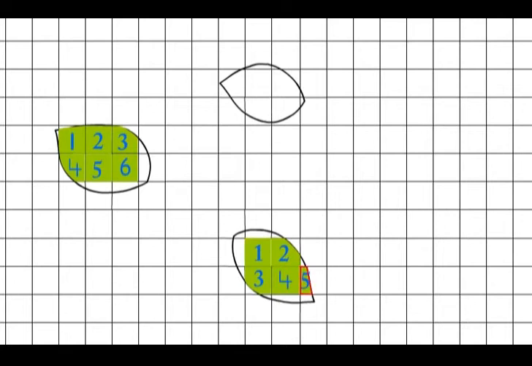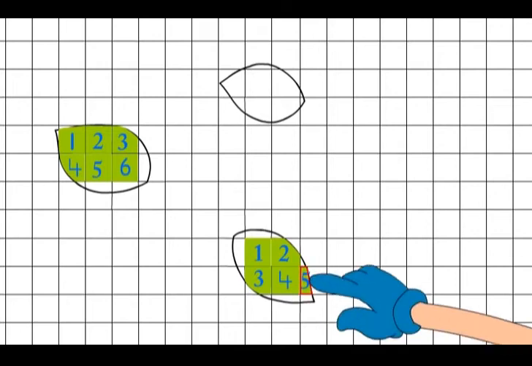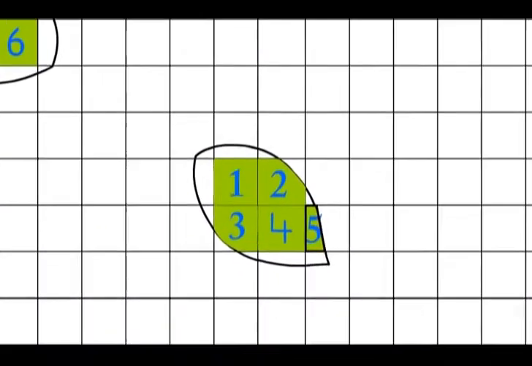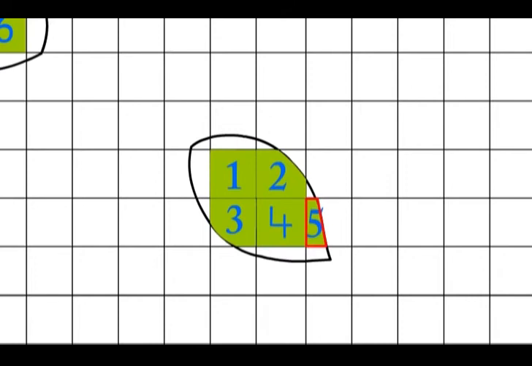Chick, stop, stop. You cannot count this square. See, the leaf's edge covers less than half of this square. Oh, it covers only a little bit. Okay, I will not count this. So it is 1, 2, 3, 4. My leaf covers 4 squares.